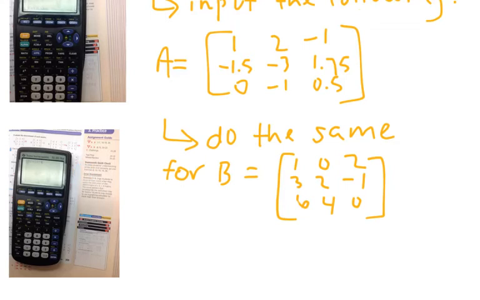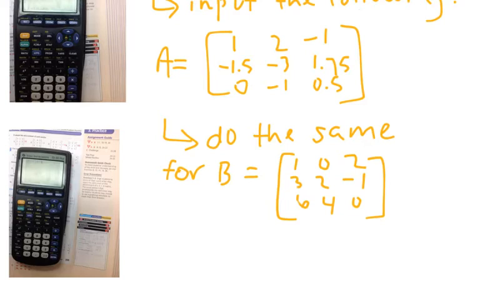So go back into second matrix again, and this time all you have to do is highlight number 1 and hit enter. It should pop up on your screen. Hit your multiplication sign. Again, go to second matrix, scroll down to B, hit enter.